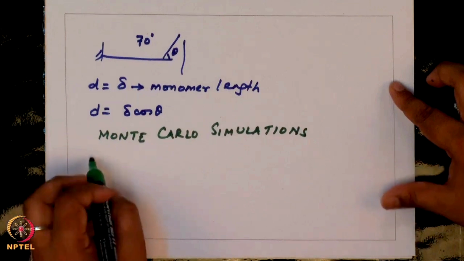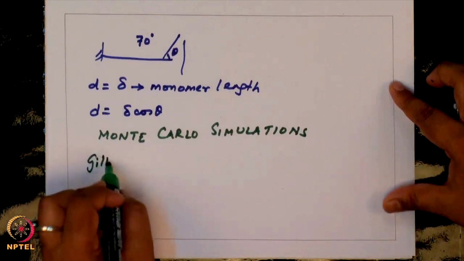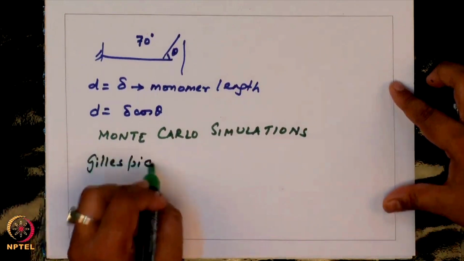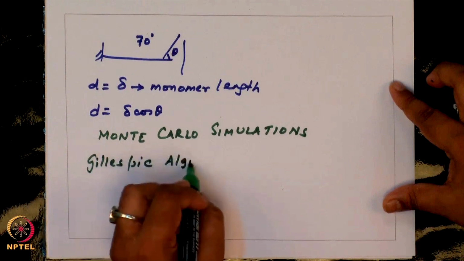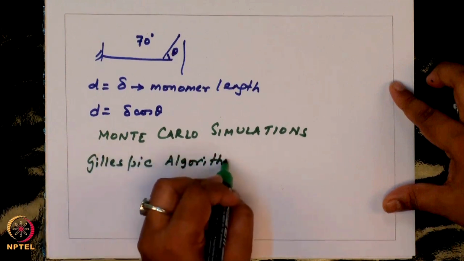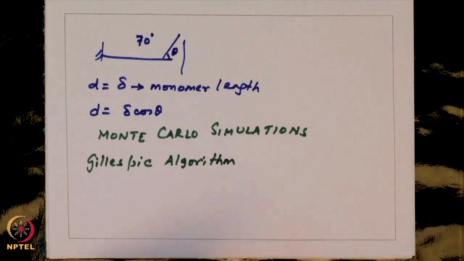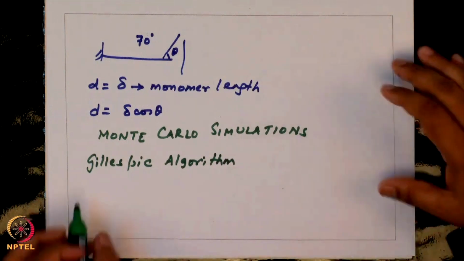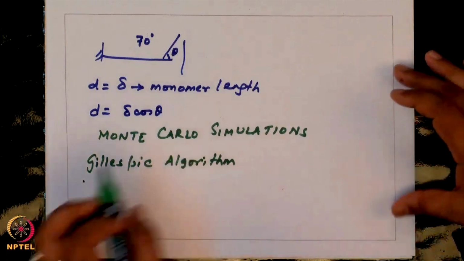Okay. And specifically, we use an algorithm called the Gillespie algorithm. In Gillespie's algorithm, you have the total number of events.